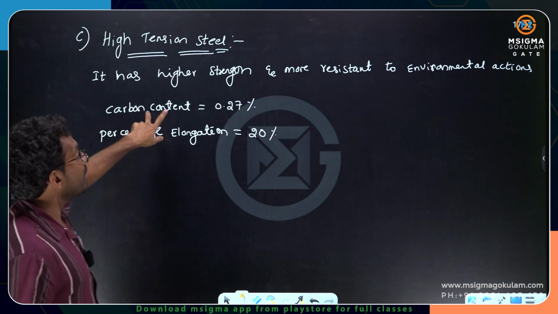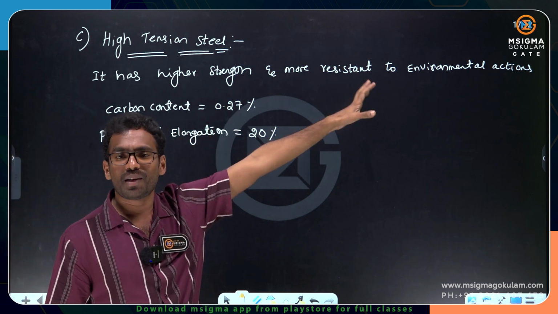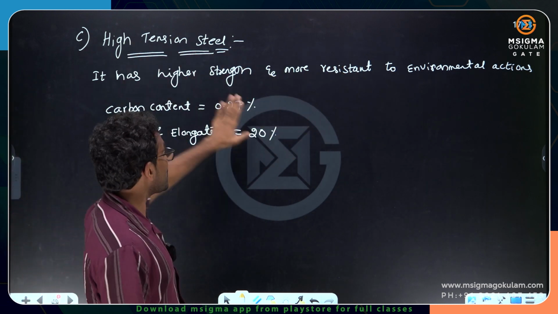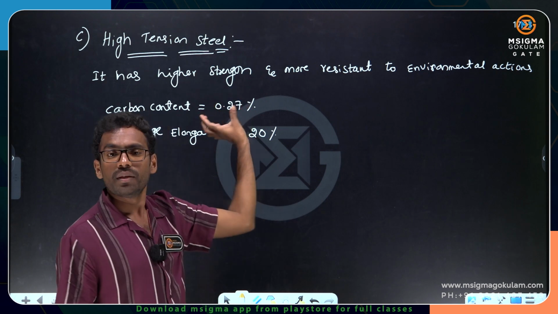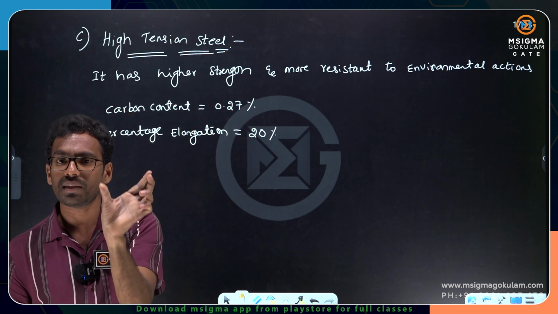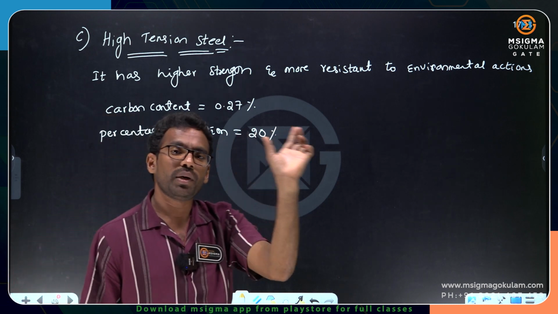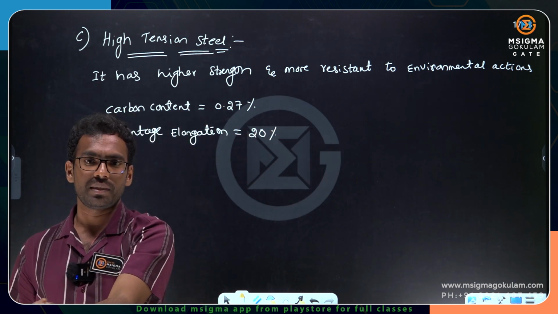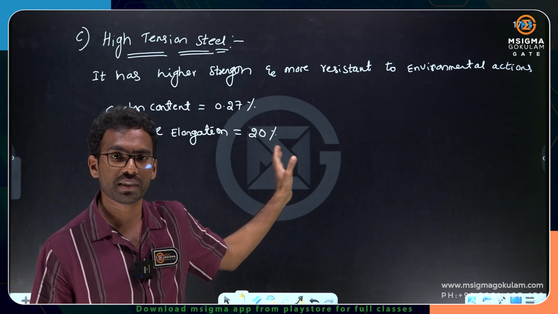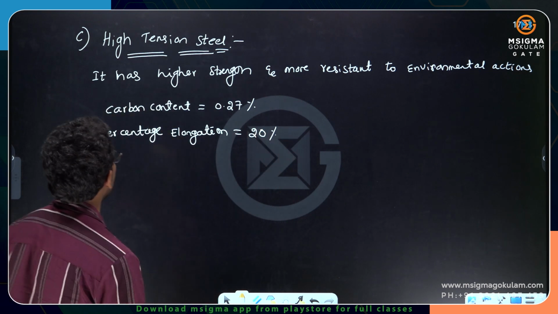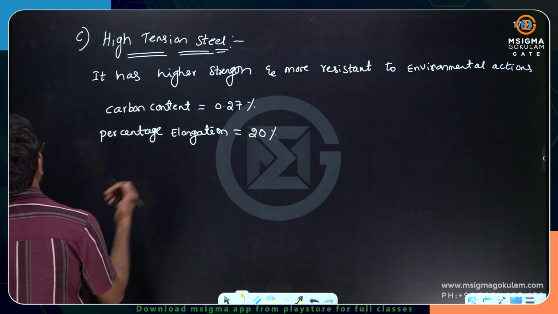Fine. But does it come under low carbon steel or medium carbon steel? High tension steel comes under medium carbon steel, because to call a steel a medium carbon steel, the carbon content should be from 0.25 to 0.6 percent. So here it is 0.27, which is medium carbon steel. Fine. Now, how to designate high tension steel? Very simple.